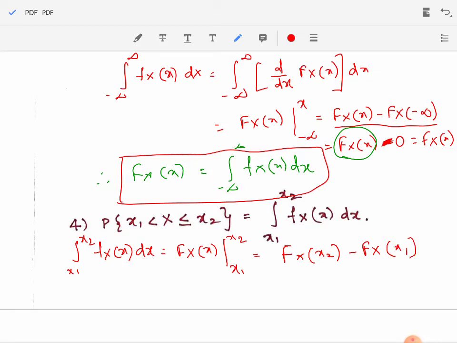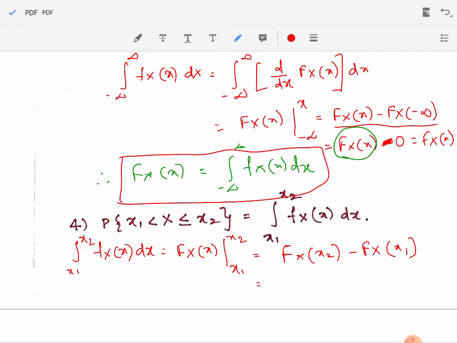You know that the cumulative distribution function, by definition, FX(x) is equal to the probability of the random variable X taking values less than or equal to x.